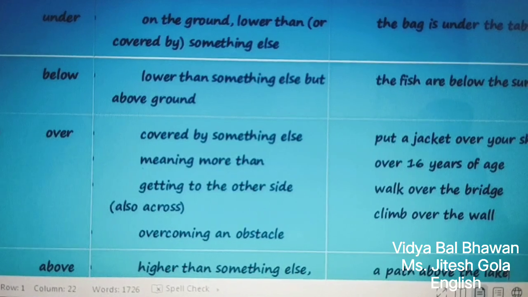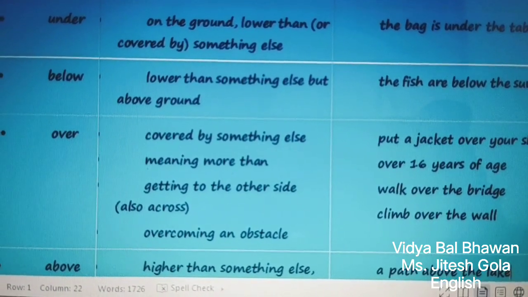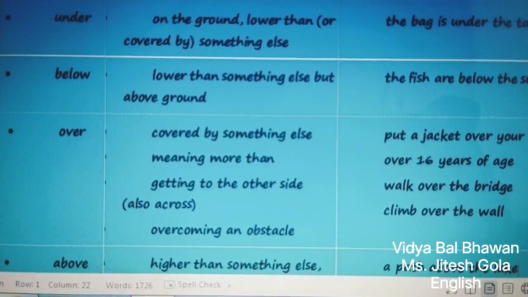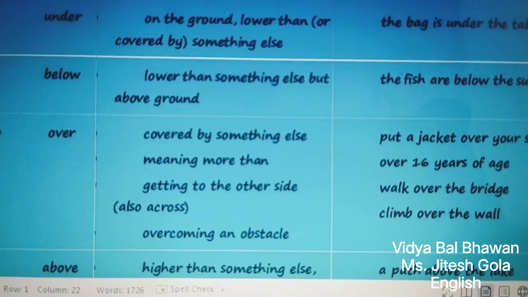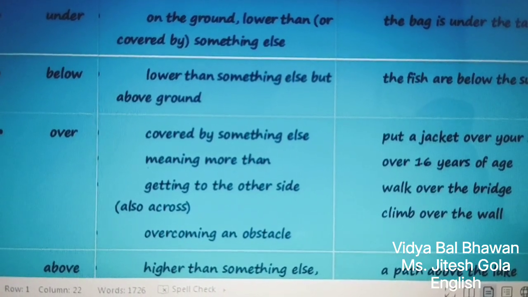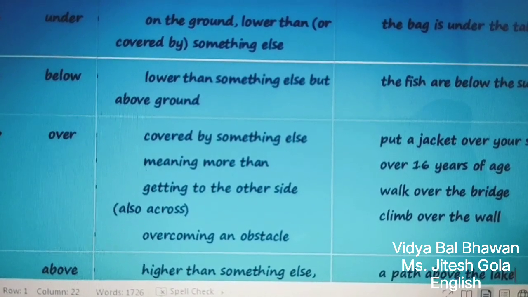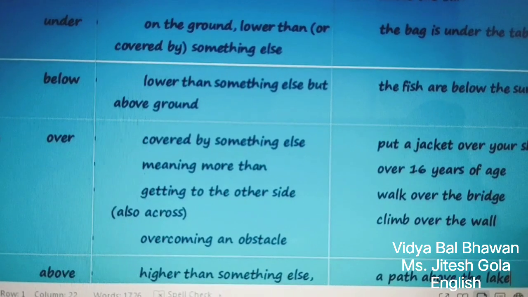Walk over the bridge, when you are moving from one side to the other side or across the bridge, so over will be used. Then overcoming an obstacle, he will climb over the wall, where you are crossing that by climbing it. Clear? So that over will be used.